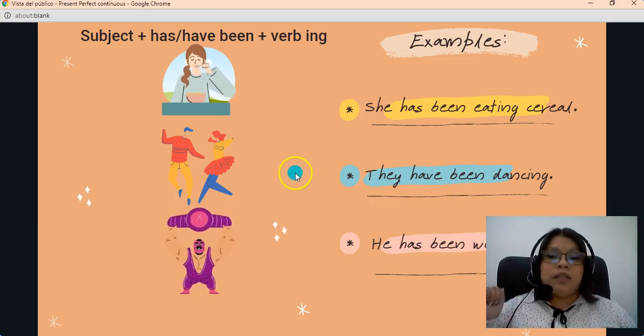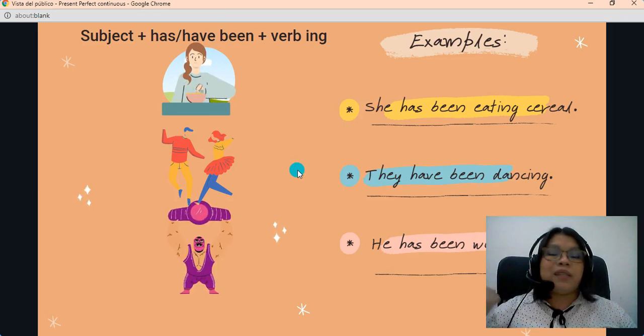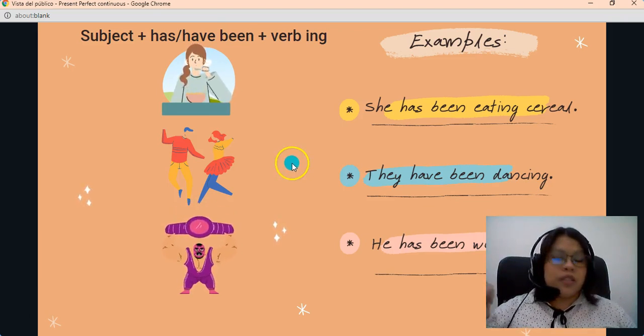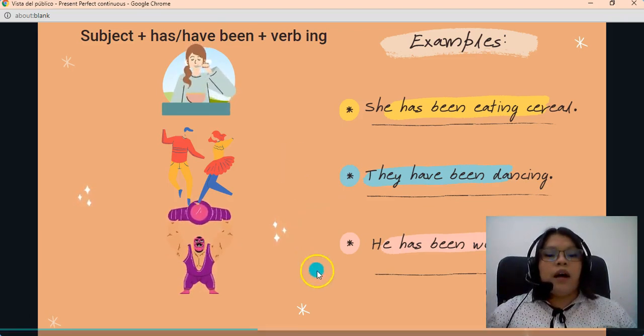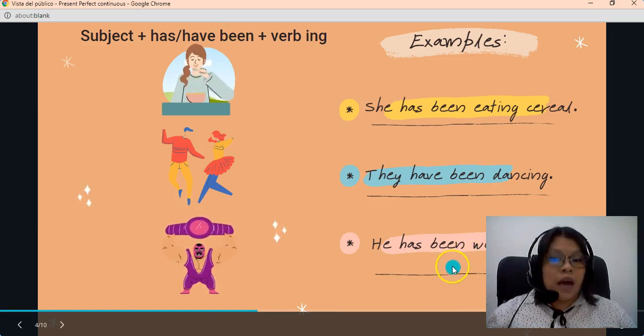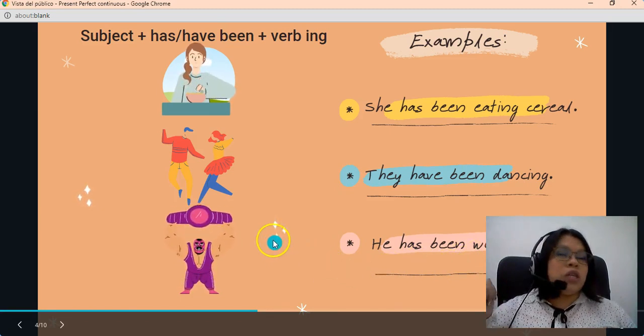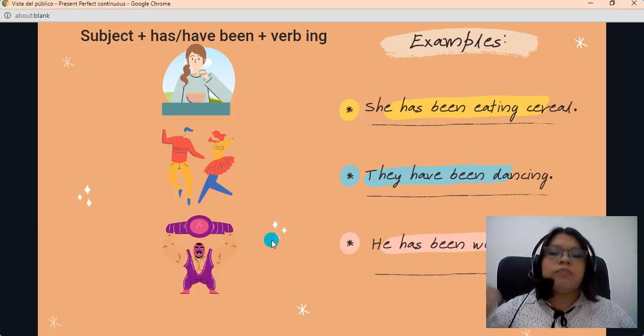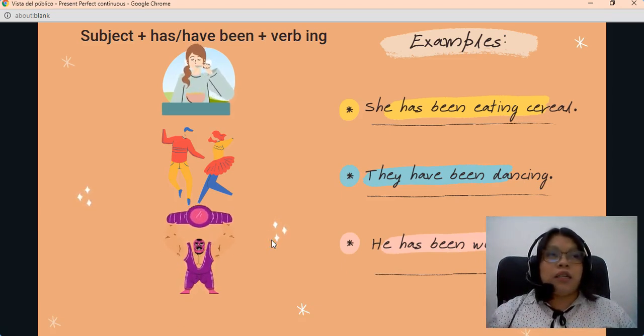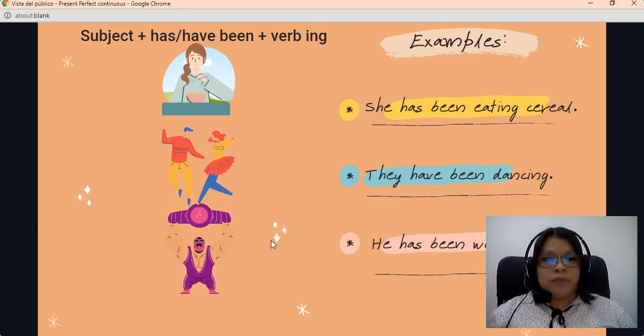Maybe this is an activity that they started, let's say, 30 minutes ago, but they are still doing it. Or he has been working out maybe 10 minutes ago, but he started doing it, and he's still doing it. So he has been working out.